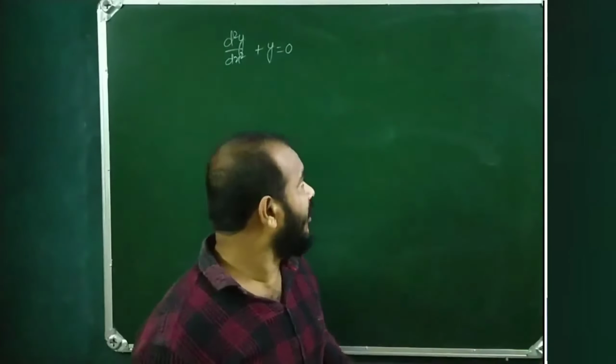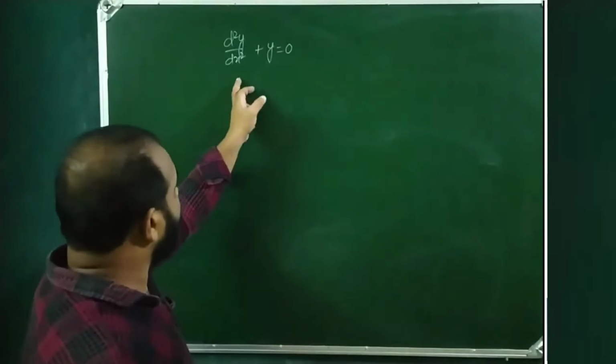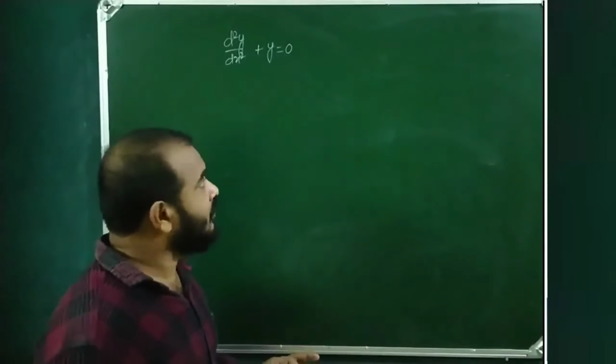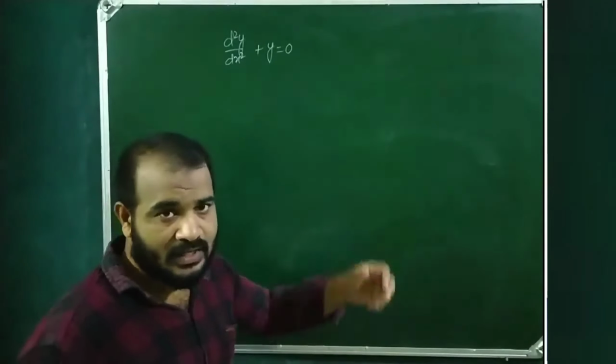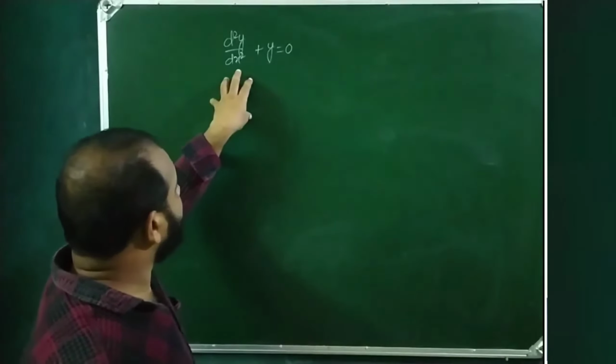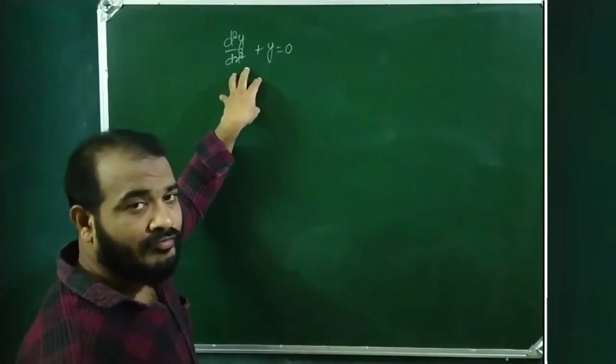In the same way, for d square y by dx square plus y equals 0, in contrast to the above examples, the solution of this is a function.